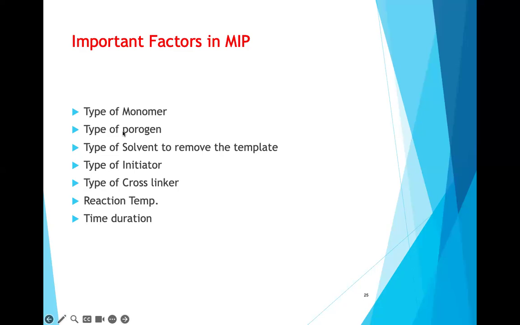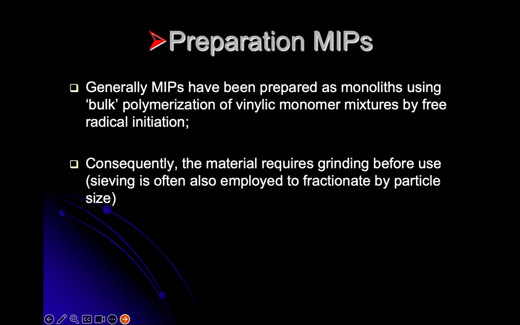What is porogen? What is solvent? What is initiator? Initiator, if we choose radical polymerization. And types of cross-linker, reaction temperature. Okay, and time can be 48 hours, it can be 24 hours, okay?